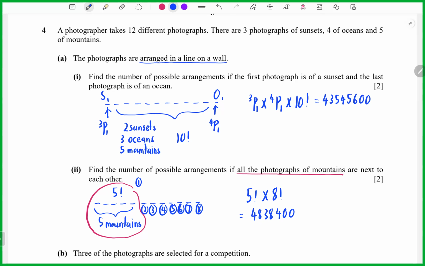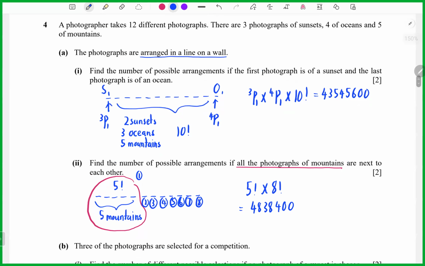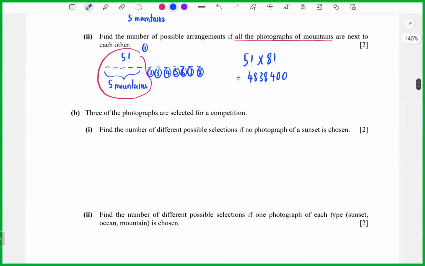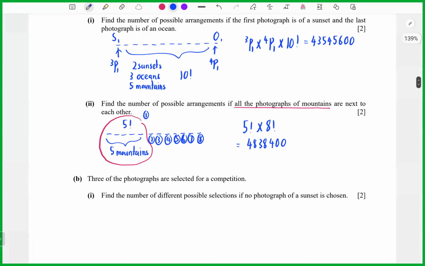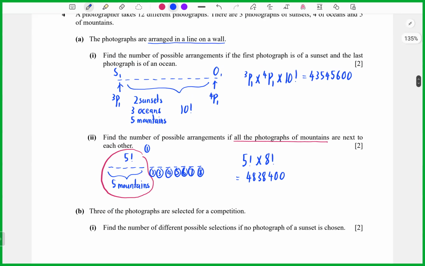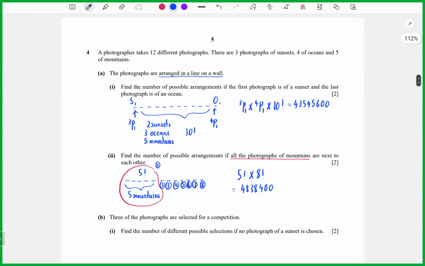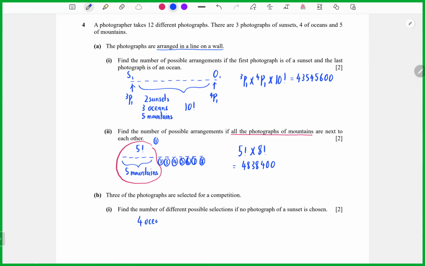Now let's see part B. 3 of the photographs are selected for a competition. Find the number of different possible selections if no photograph of a sunset is chosen. If we don't take the sunsets, we just take from 4 oceans and 5 mountains.